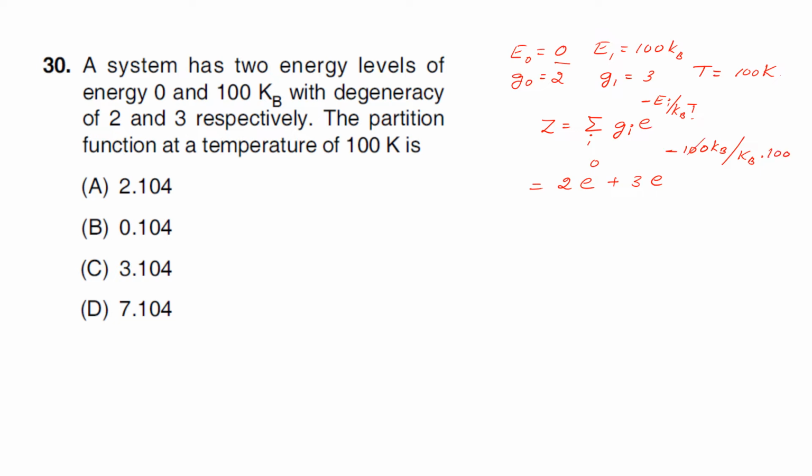So 100 cancels, kB cancels. So 2 plus 3 e raised to minus 1. If you simplify this, you will get the answer 3.104. Therefore, option C is correct.